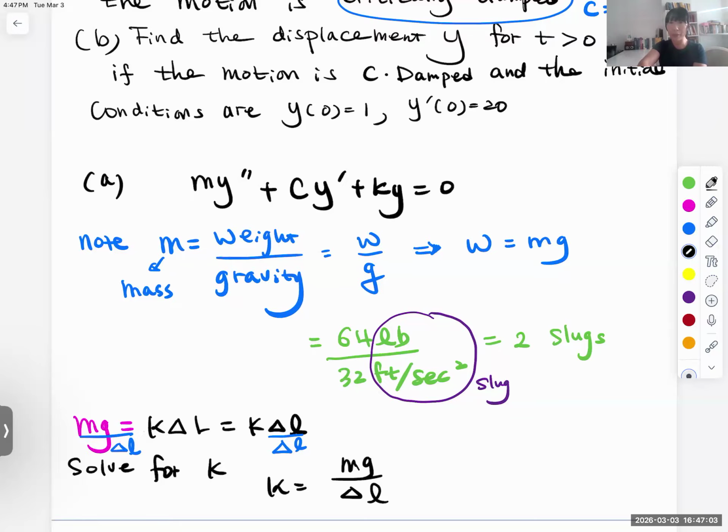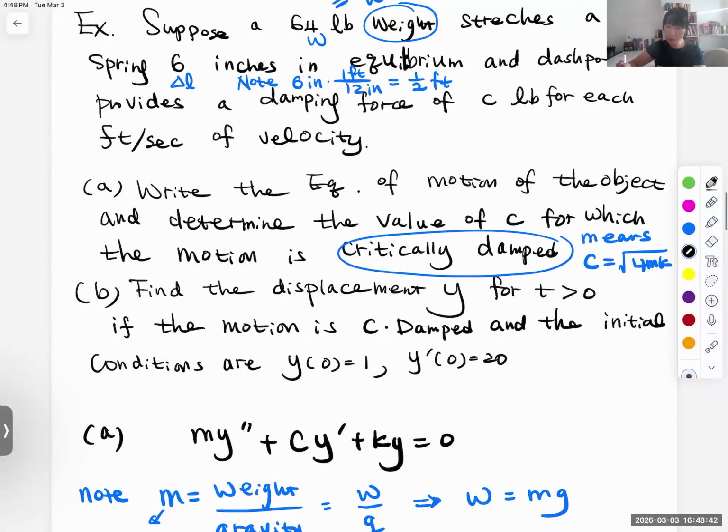Let me double check this one. mg equals what? The weight, W, I want to make it clear it's weight, not omega. So k equals the weight over delta L, which is 64 pounds over delta L. We have delta L of 6 inches in equilibrium, from the previous section.